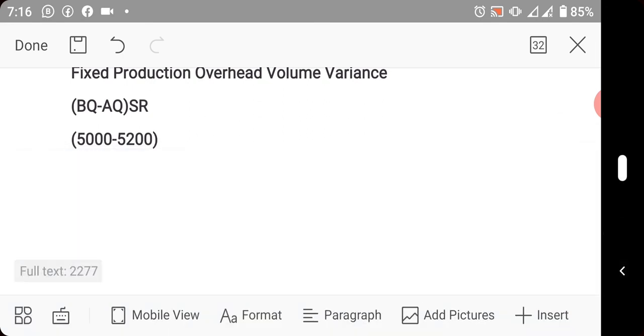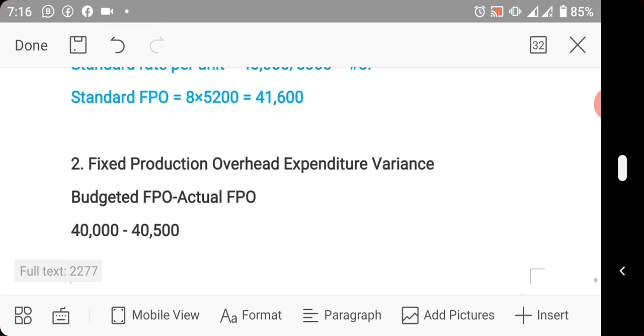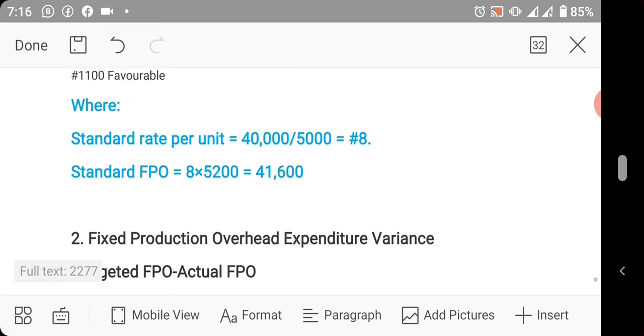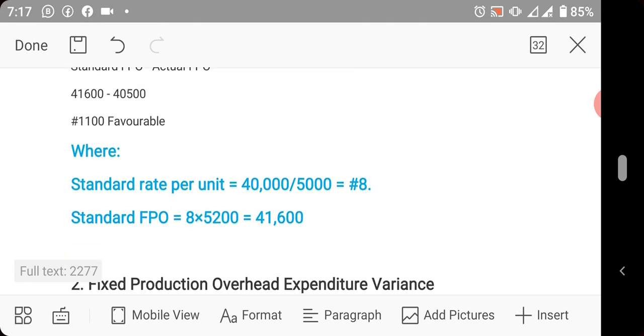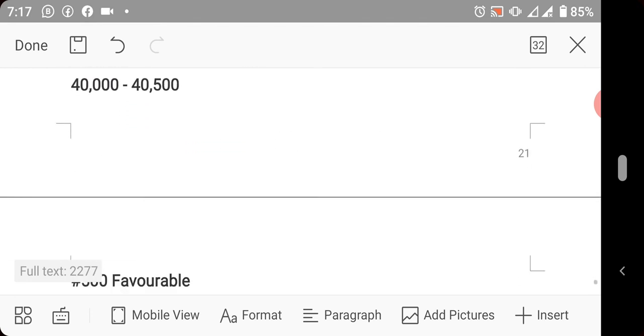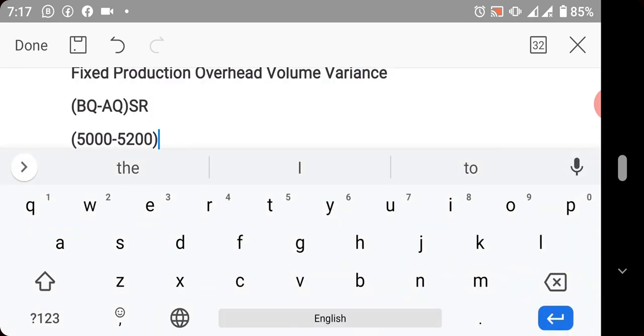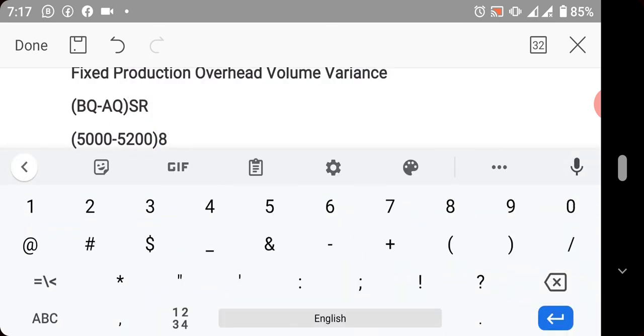What is standard rate? So we'll go back. Me and you calculated standard rates per unit at the beginning. Look at it. Standard rates per unit is 8 naira. So you come back and multiply this by 8 naira. So 200 times 8 will give us 1,600.